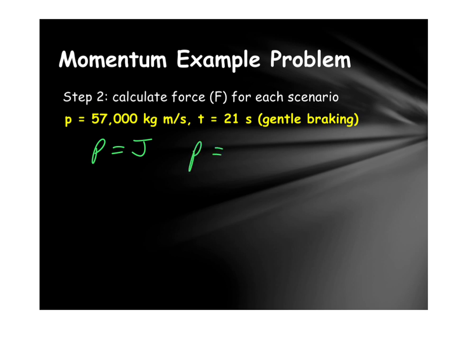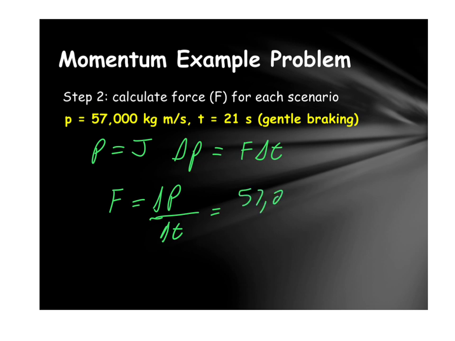So p can now equal, instead of mv, F delta t, which is the formula for p equals J, so it equals F delta t. And we're going to have to rearrange. I want to solve that formula for force. So force is going to be equal to the change in momentum, and we're going to make that just change in momentum since we did stop a vehicle, over delta t.